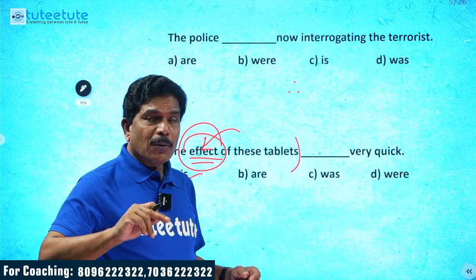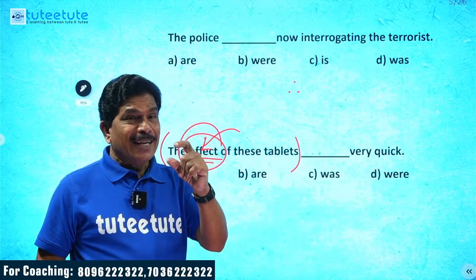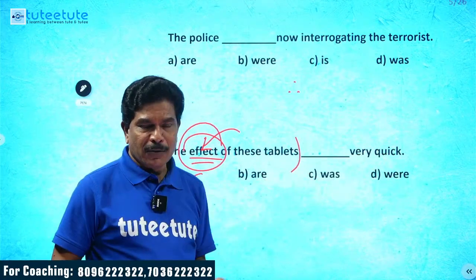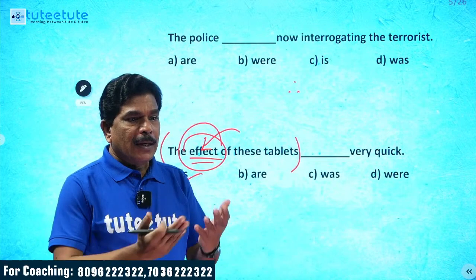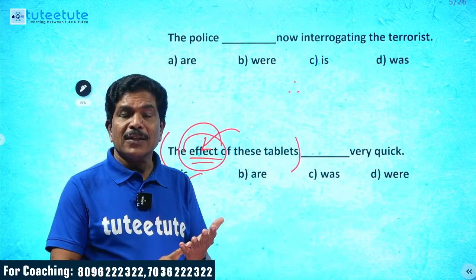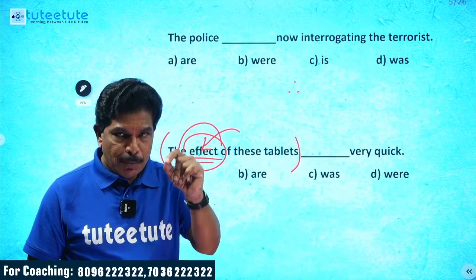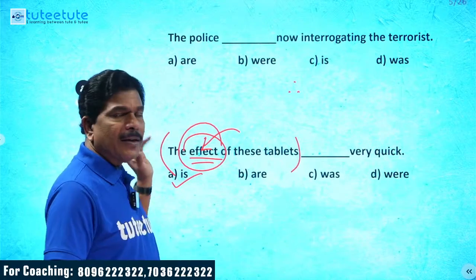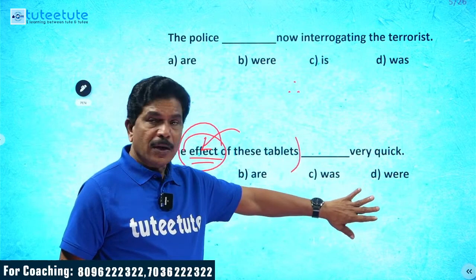Then I again remind you, when there is no time reference, adverb of time or adverb of aspect, nothing is given, in the absence of the time reference, you should always consider present simple. That's why is. Okay, then all the other options are wrong.